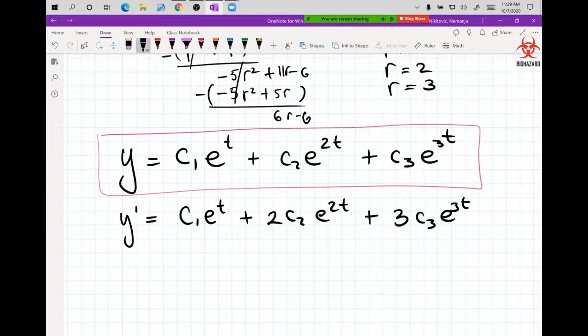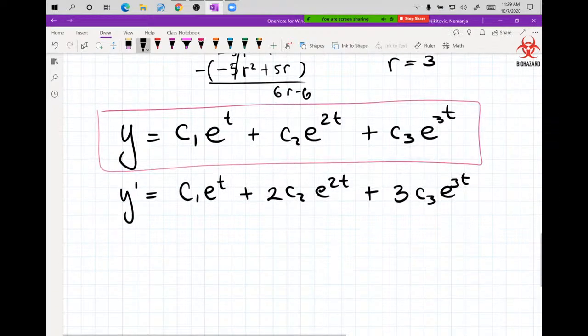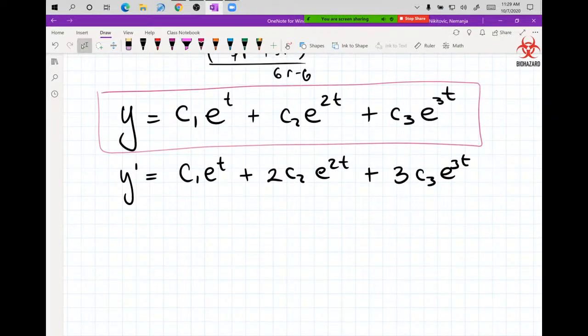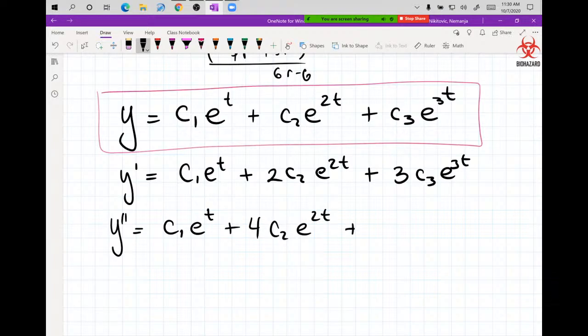When you differentiate, these coefficients of t from e will drop down. The basic derivative is a e to the at, and you just have the c kind of pop in there. And the second derivative is the derivative of the first derivative. So we have C1 e to the t plus 4C2 e to the 2t plus 9C3 e to the 3t.